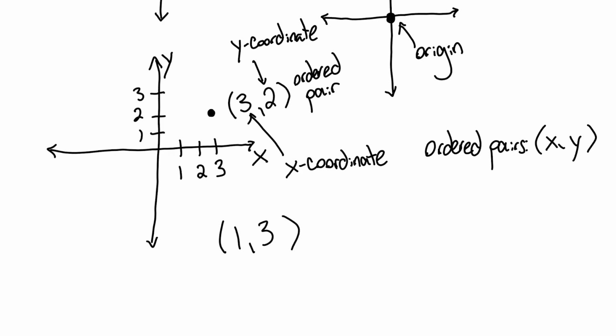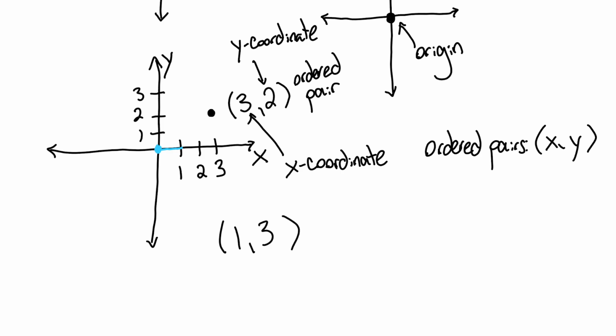So we're essentially looking for the place where the x-axis is lined up with 1 and the y-axis is lined up with 3. So we could just find that point on the graph, or if we wanted to, we could start at the origin. Okay, so let's start here. And then we would move horizontally however much the x coordinate tells us to. So in this case, we would move over to 1.